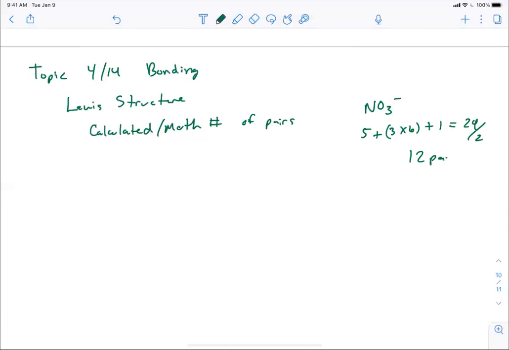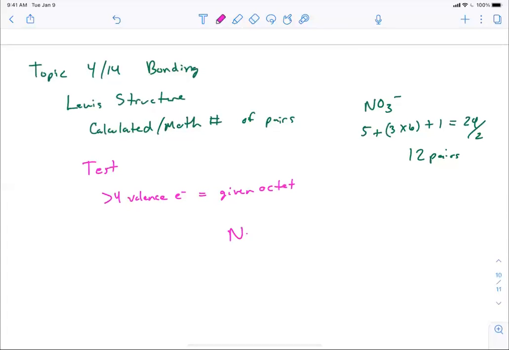So that's 12 pairs. Okay. I draw a test structure where everything has a single bond, and if you have more than 4 valence electrons, you're given an octet. If you have less than 4, you just only put the bonds, no lone pairs.